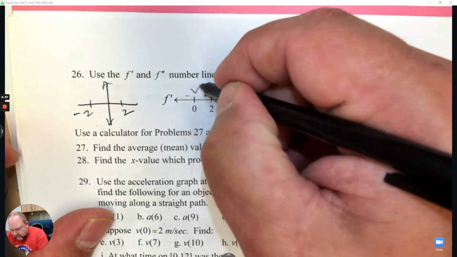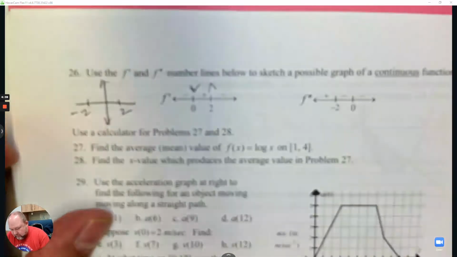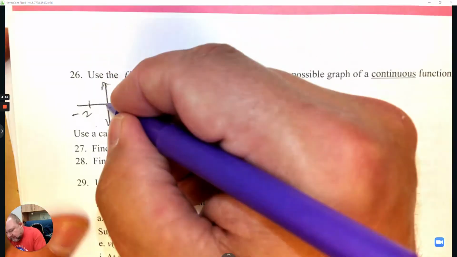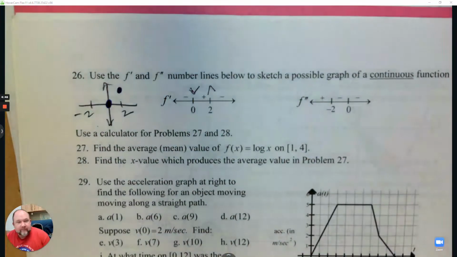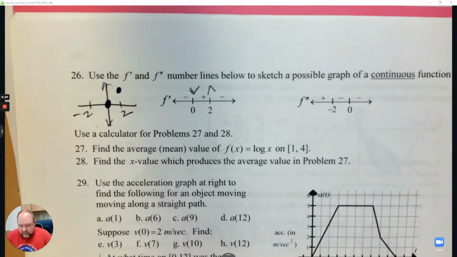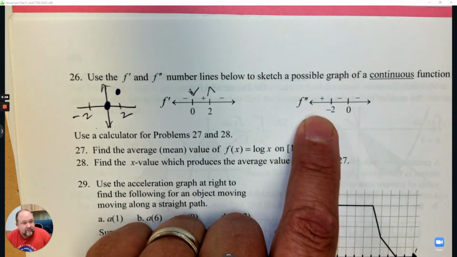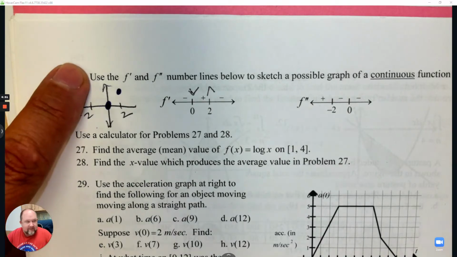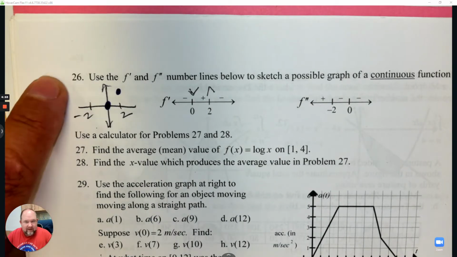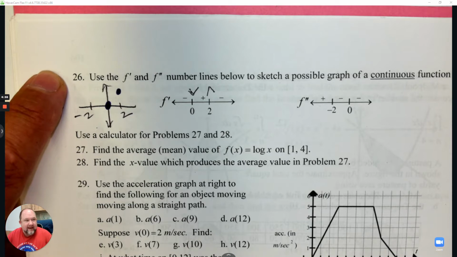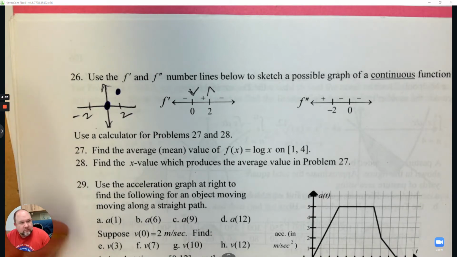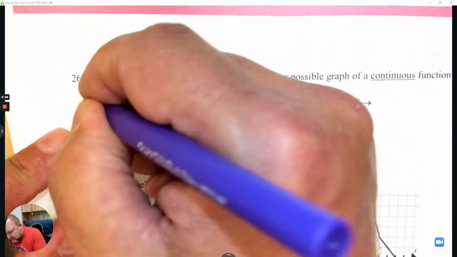At 0 is a minimum, at 2 is a maximum. I also know concavity. So this is going to decrease, but it's concave up. And then at -2, it changes concavity.